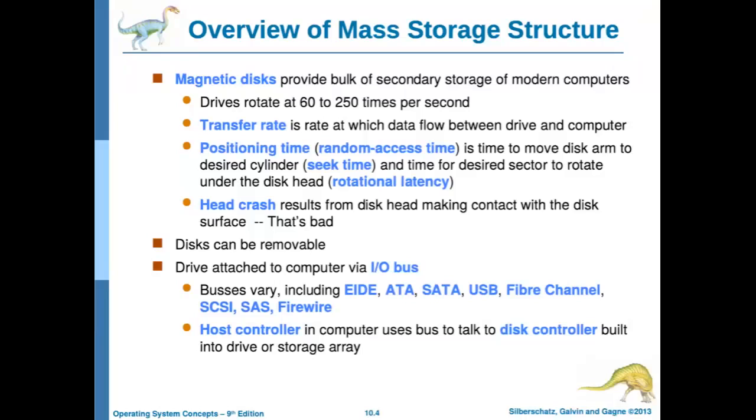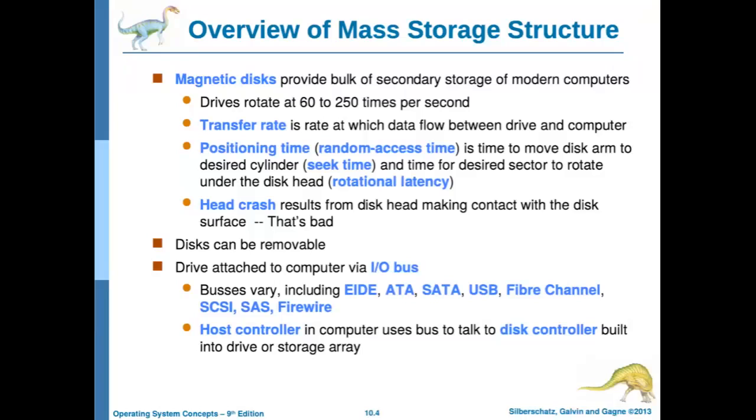In addition to the transfer rate, we need to think of seek time also, because though it provides bulk space for storage, if the file is distributed at different locations, then we need to think of seek time. Seek time is the time required to move the disk arm to the desired cylinder. In addition, there is the time required for the desired sector to rotate under the disk head.